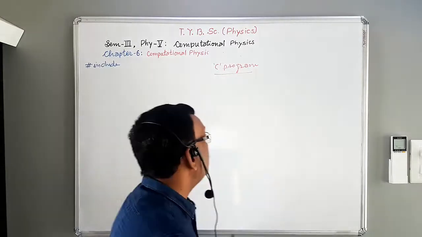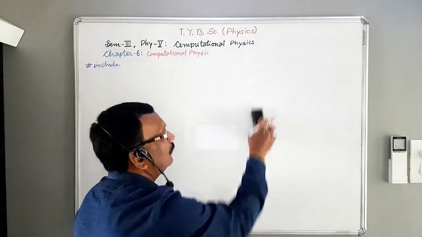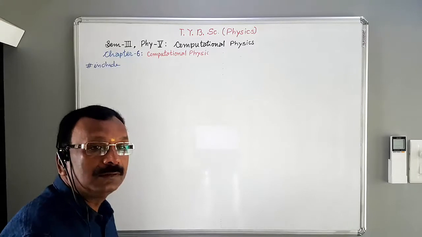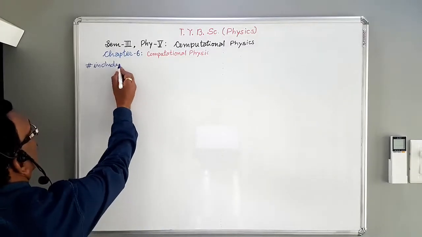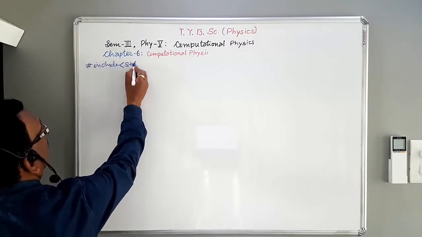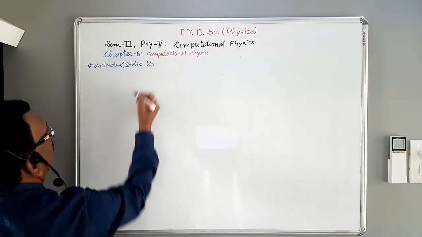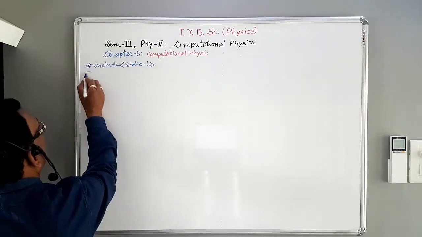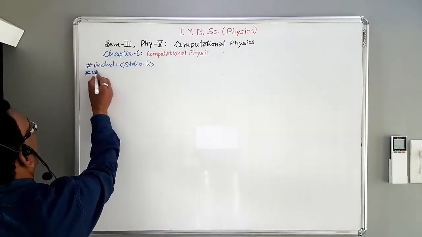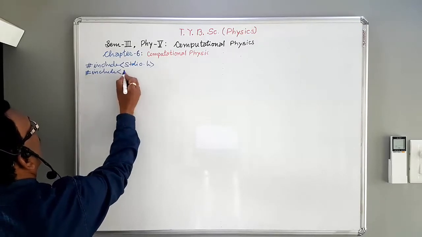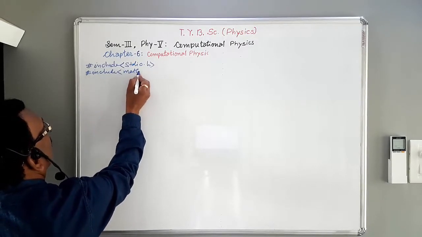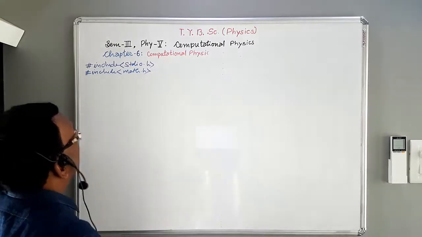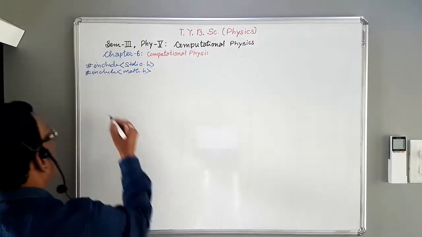In order to prepare this C program, we have to include the standard input output header file on the current path, as well as math.h, that means the math header file, in the current program.